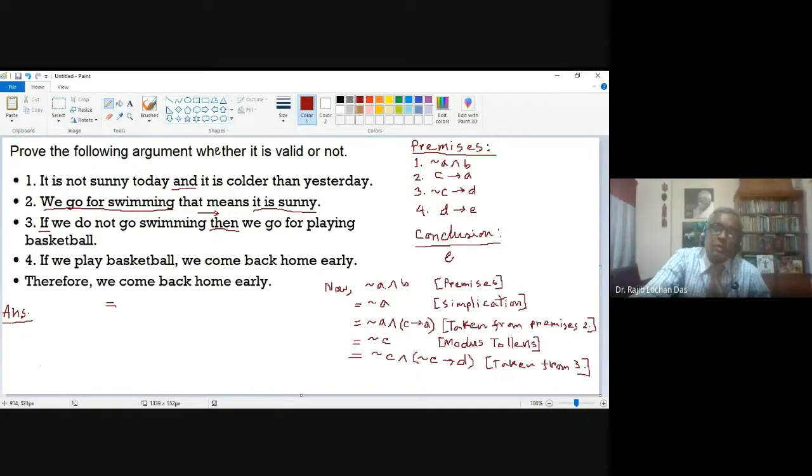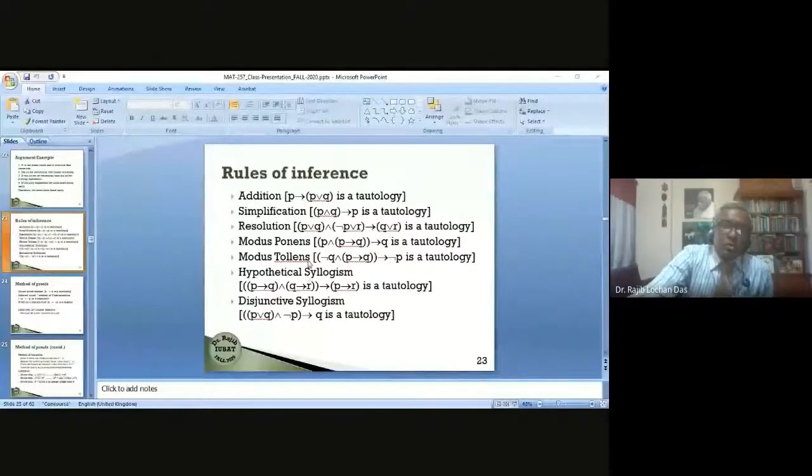You got my point? Now I am going back again to the screen. Think about the rules. Which one will match? Not C and not C implies D. Can you find something?